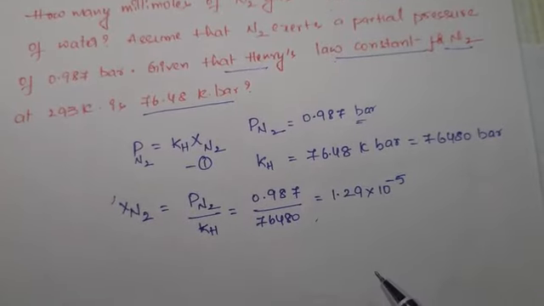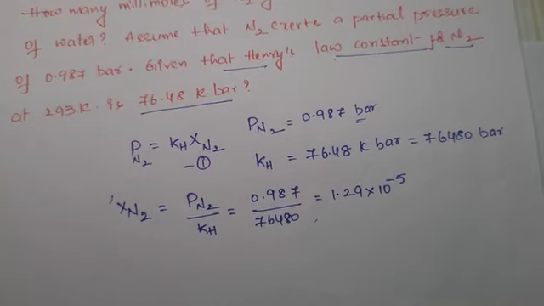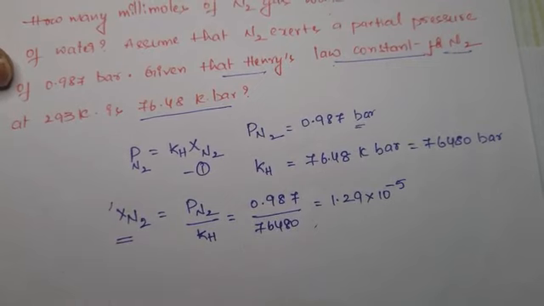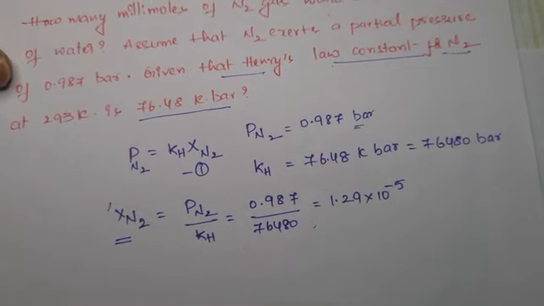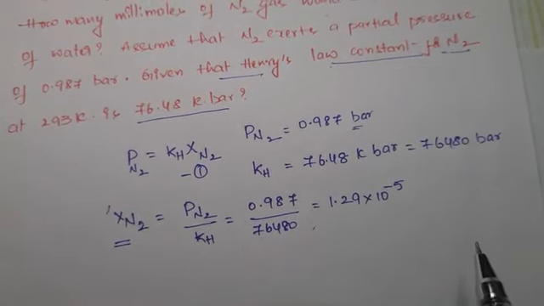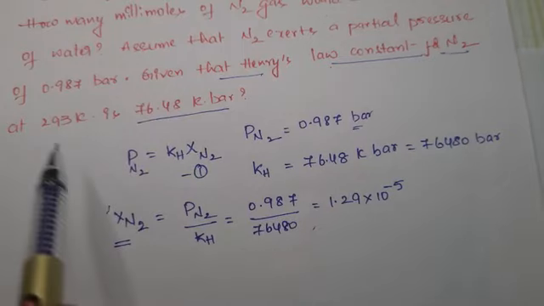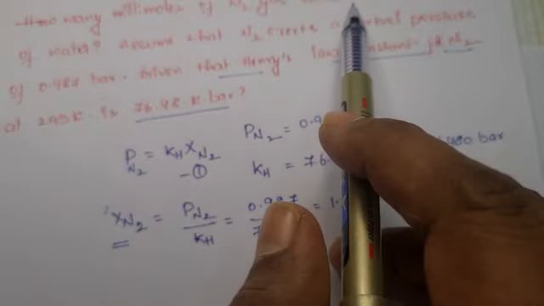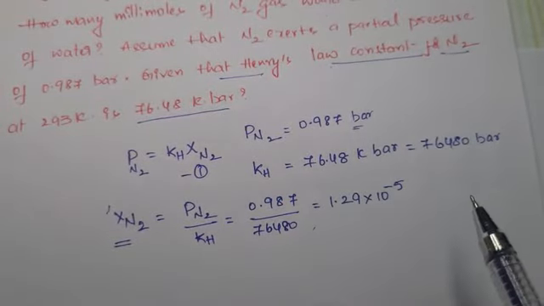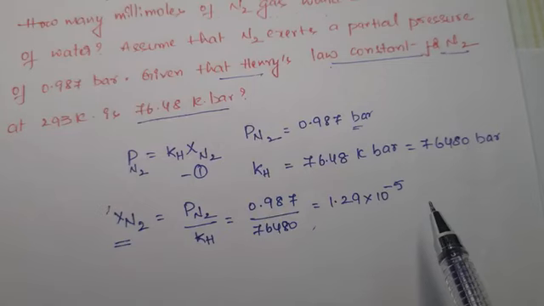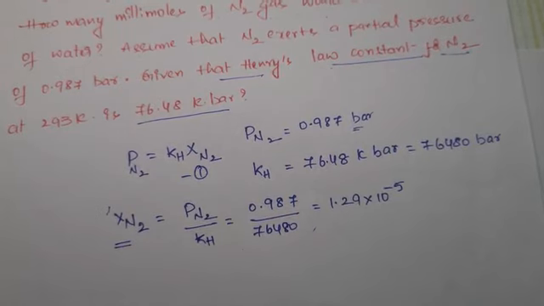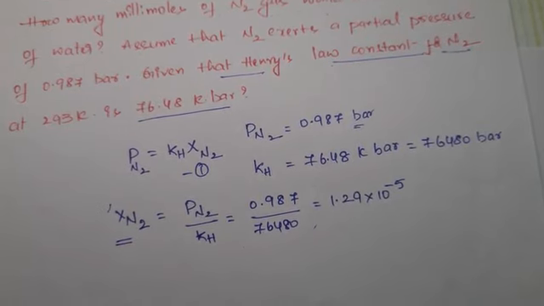So I calculated this value, the mole fraction of N2. Now the question is how many millimoles of N2 gas would dissolve in 1 liter. We are talking about the millimoles of the gas.